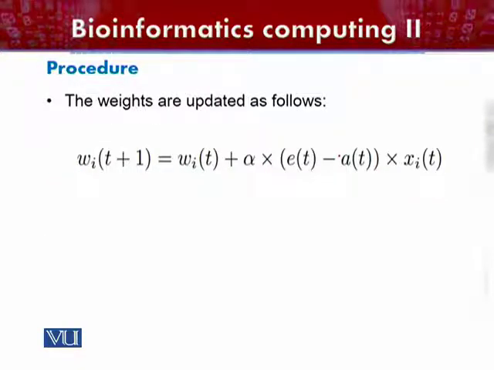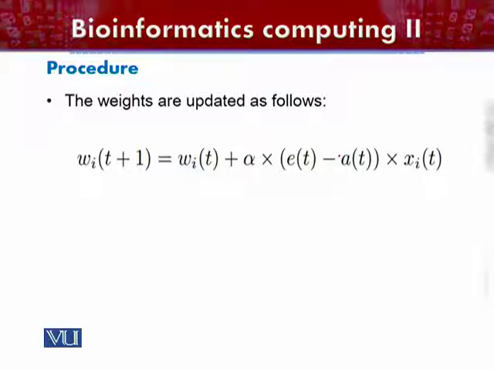The weights are updated iteratively in the perceptron algorithm according to the error presented to the system, which is due to the comparison between the actual output and the expected output. That error is presented to the system, and the system modifies the weights accordingly.